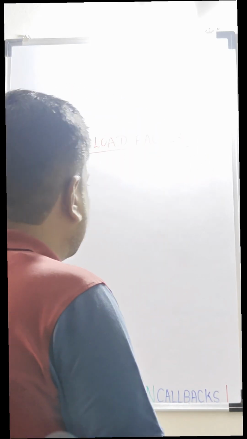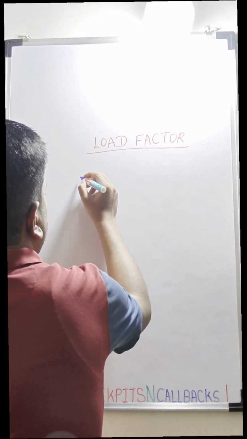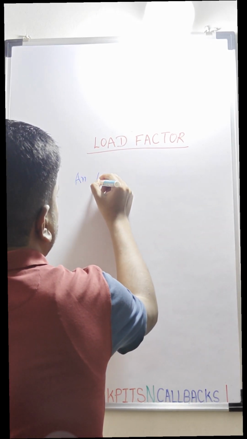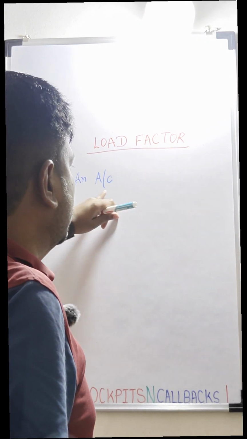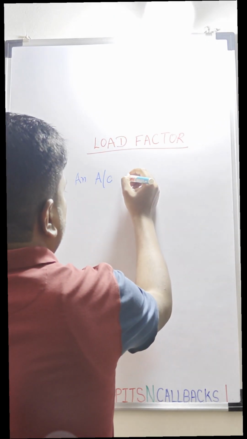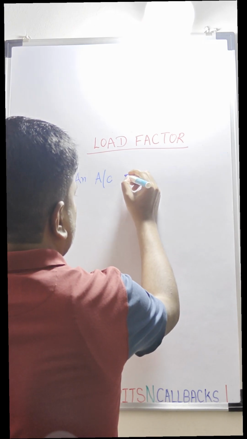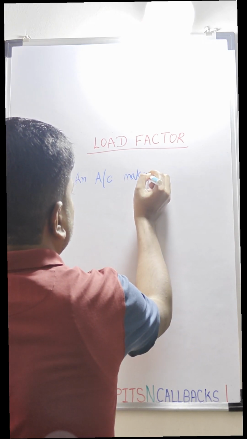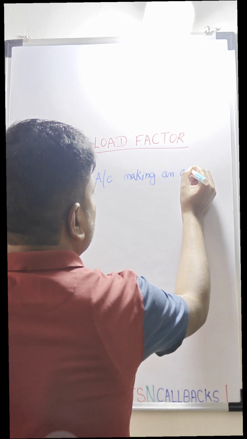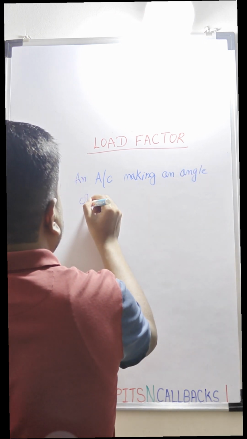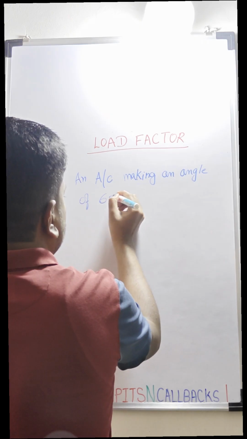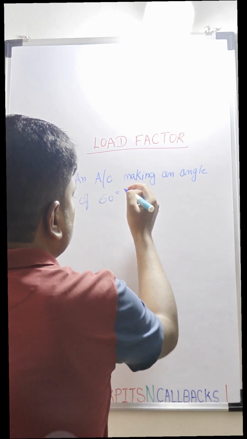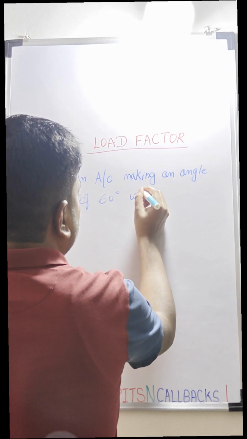Since we have discussed the topic, let's take one or two examples of how the questions are framed in the question paper for your Technical General. They might ask something like this: an aircraft, guys, I am writing aircraft as A/C, making an angle of 60 degrees with the horizon.